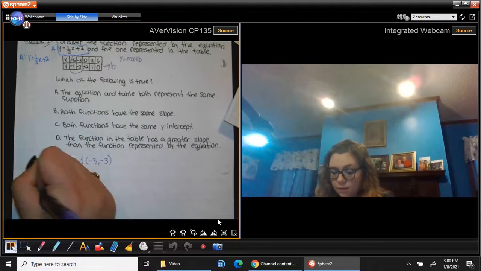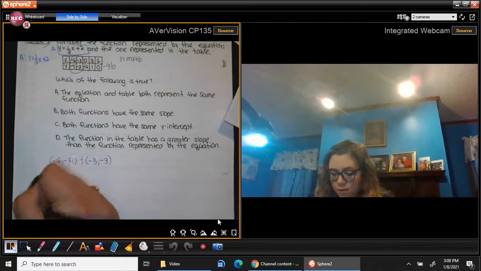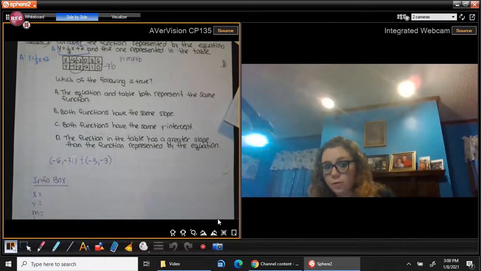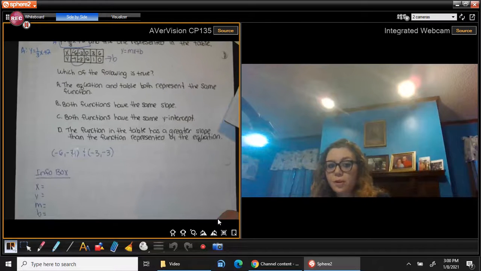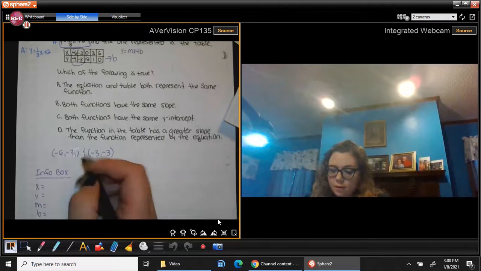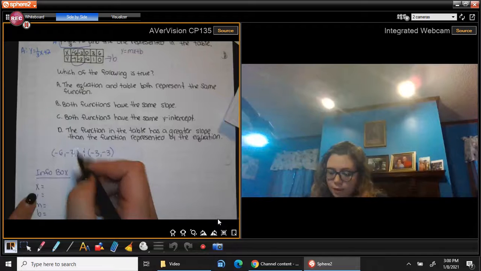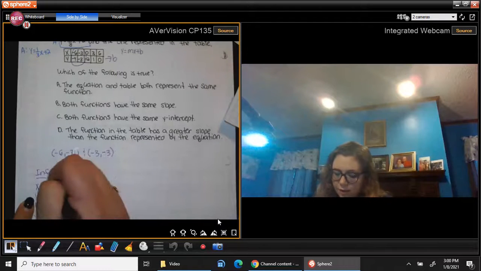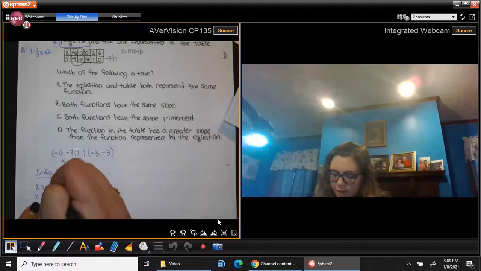You've done this from Miss Sutton, so if you're having issues with this, please go back and look at your previous notes, because it's very important you know how to do this. I'm going to pick either one. I'm going to pick this one. So my x value is negative 6, my y value is negative 4.